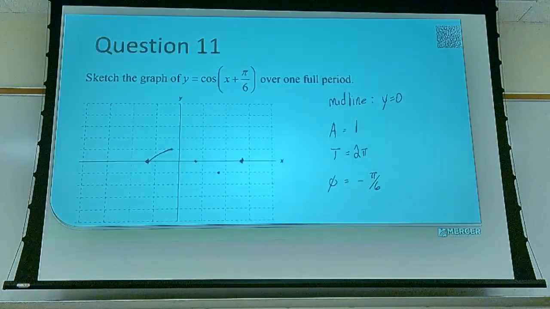Pi over 6 is in radians, but the output isn't radians or degrees. Can I guess one? Exact value. What are those? 3 over 2? Yep, root 3 over 2.